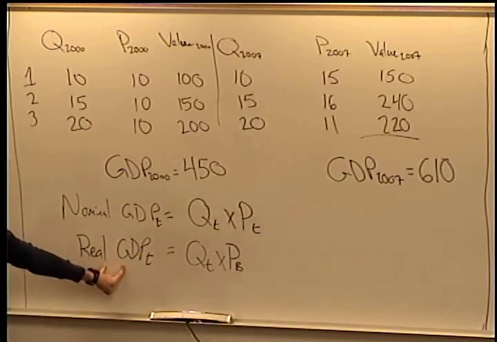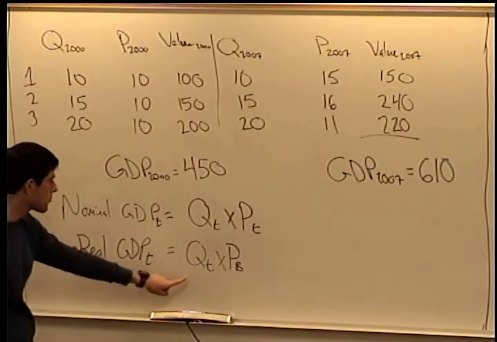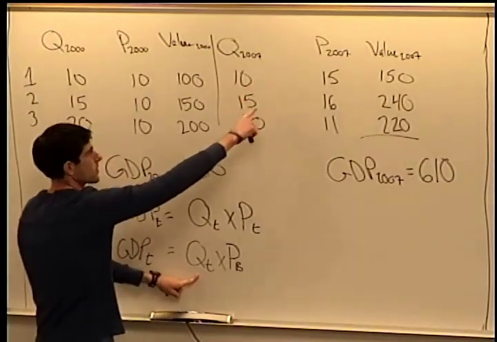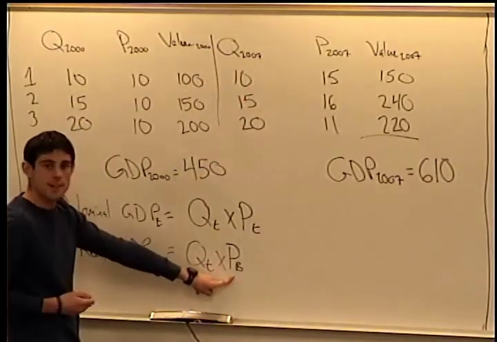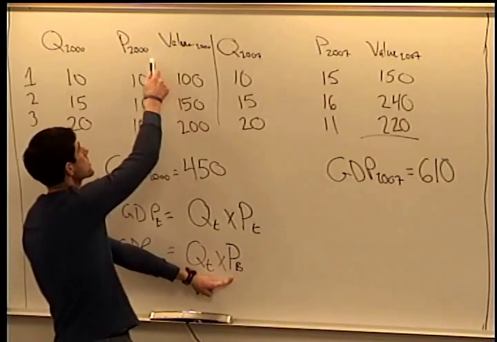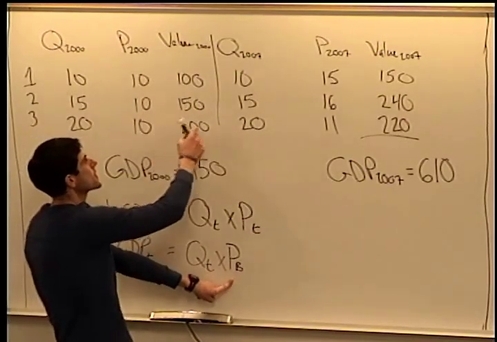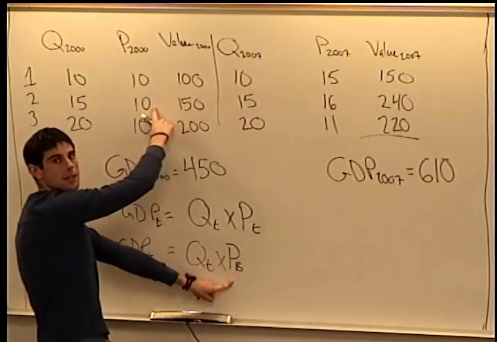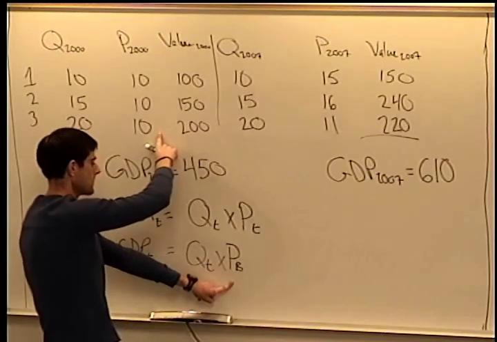so real GDP in 2007 is going to be equal to the quantities in 2007, 10, 15, and 20, times prices in the base year, which we said is 2000. So we take 10 times 10 plus 15 times 10 plus 20 times 10.